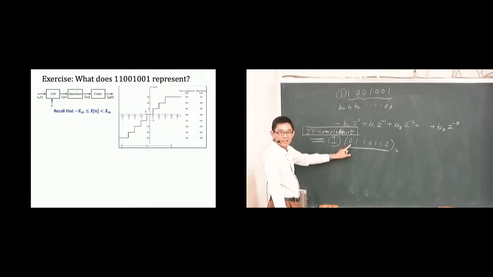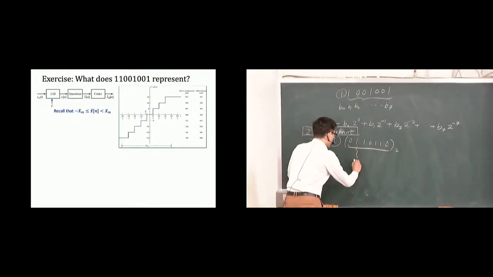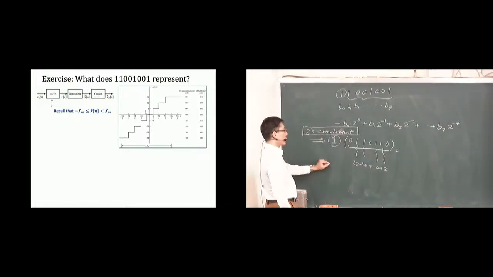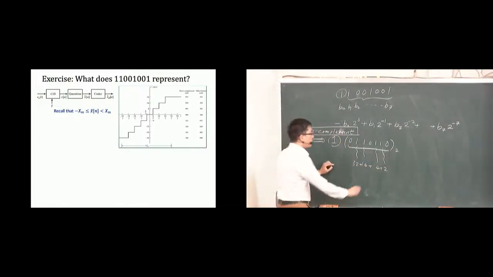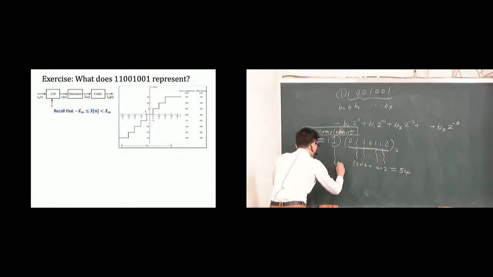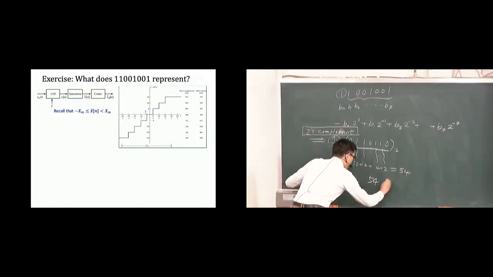What's the result? This is 32 in decimal, 16 in decimal, 4 in decimal, and 2. You just sum them up. What do we have? 54. So the answer is minus 54 delta.